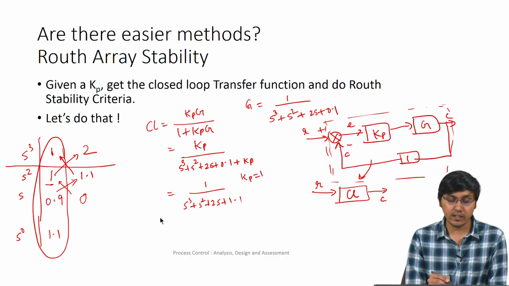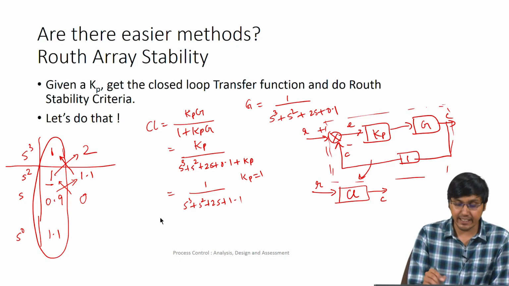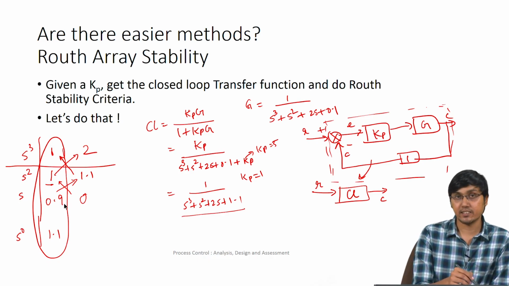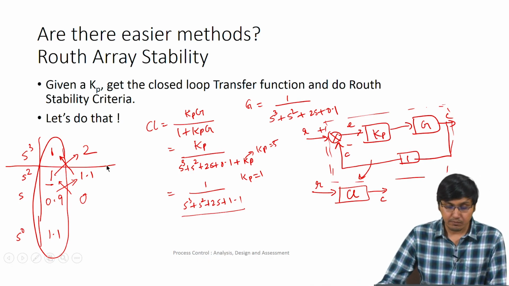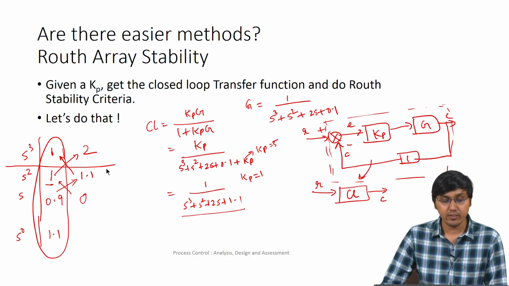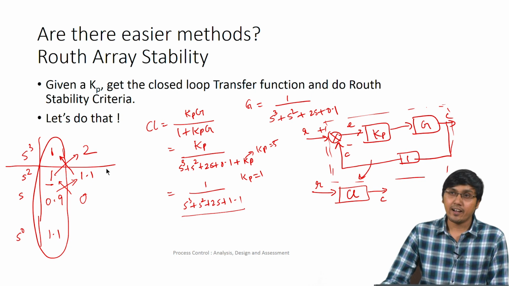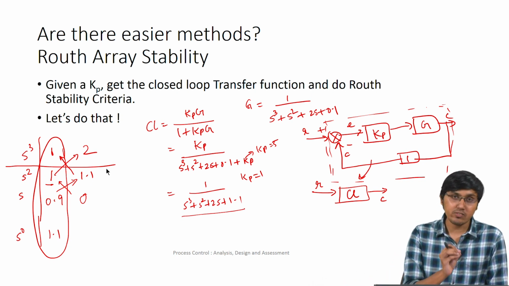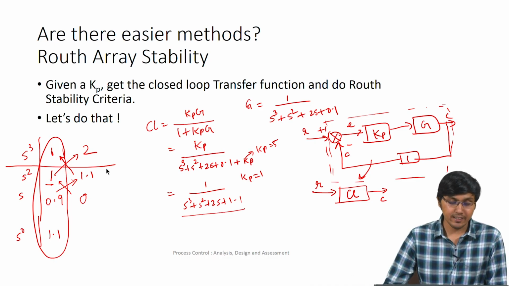Now, as an exercise for you, take the same system, but just substitute Kp equal to 5 and see whether there is a sign change here, okay. You can try it for yourself, and also try to find out whether there is a relation between the number of sign changes and the number of poles.